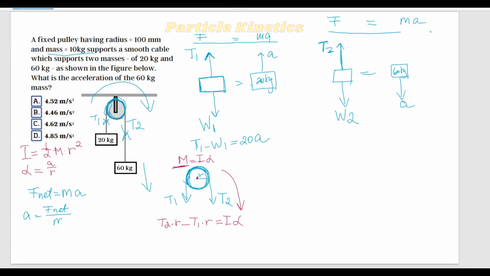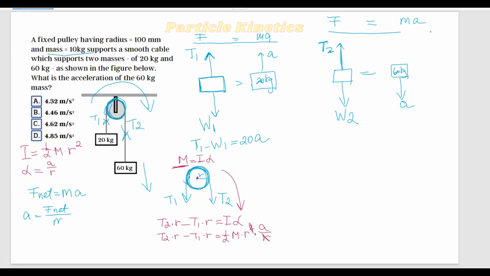So coming back to this equation, we can write down that T2 multiplied by r minus T1 multiplied by R equals to, and we have mass moment of inertia 1/2 m multiplied by R squared multiplied by alpha, which is A over R.